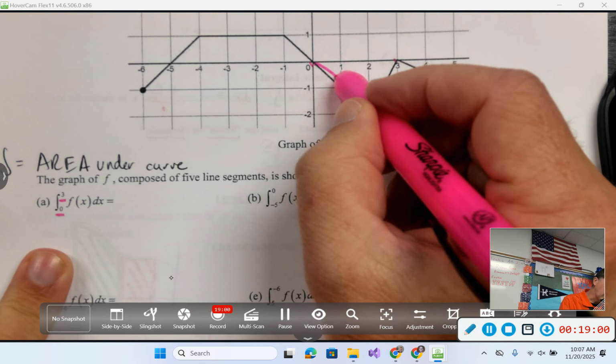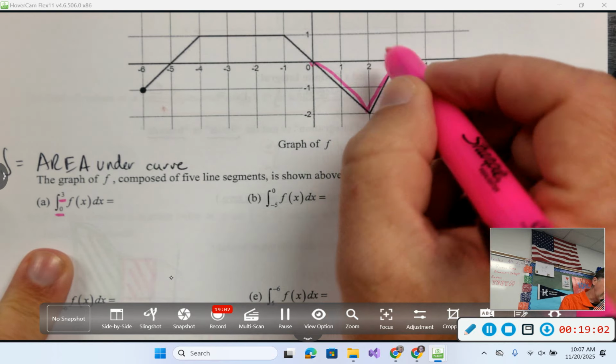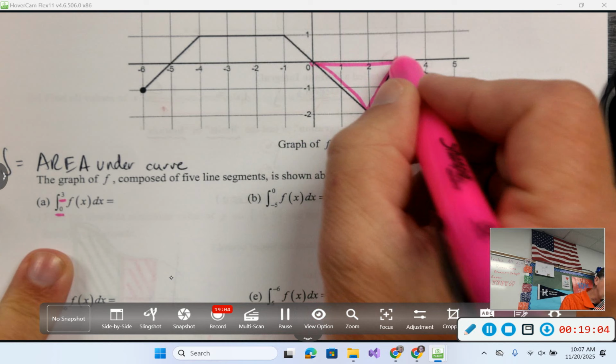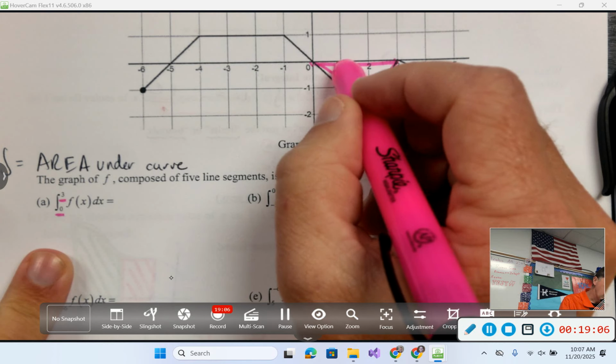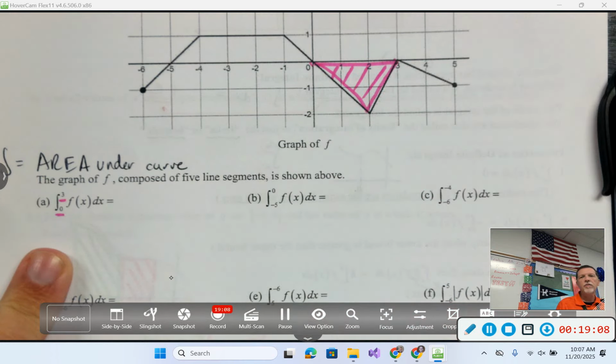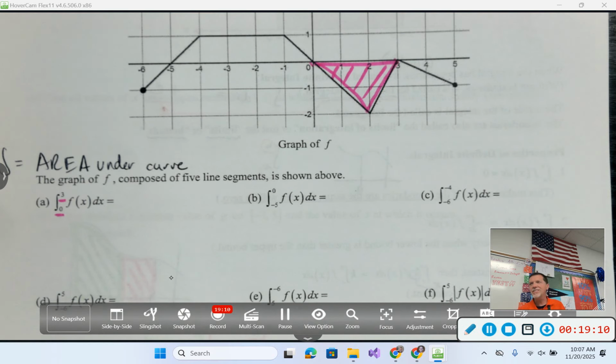Okay, this looks unlike stuff we've done before. Why is that weird? Do you see what makes that different? It's not a perfect V, so it's not absolute value.